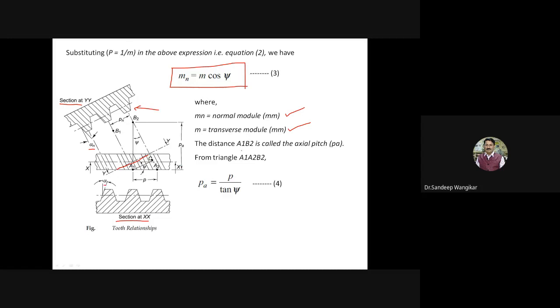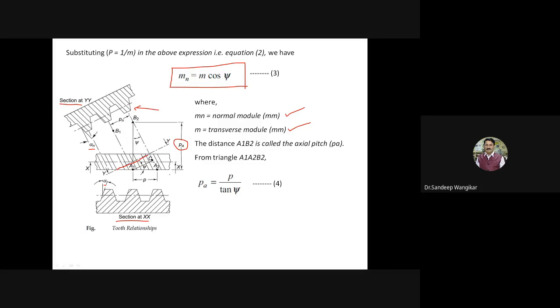Okay, the distance A1 B2 is called axial pitch. Now see here, this is point A1 and this is B2. So this is the axial pitch. From the bigger triangle A1, A2, B2, tan of psi is equal to A1 A2 divided by A1 B2. Directly it is written.